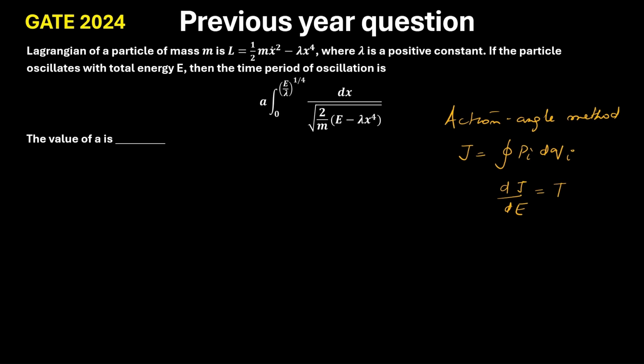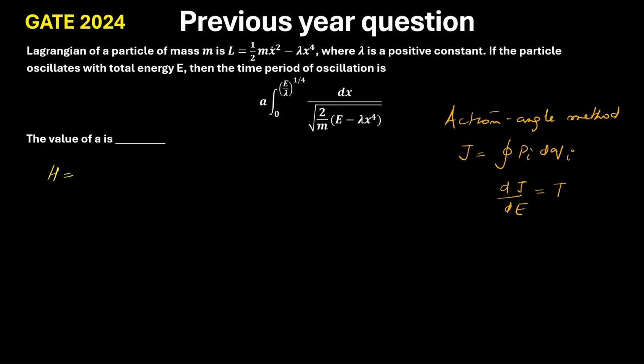Now, for this system, the first thing we can do is, from the Lagrangian, write the Hamiltonian of this system.